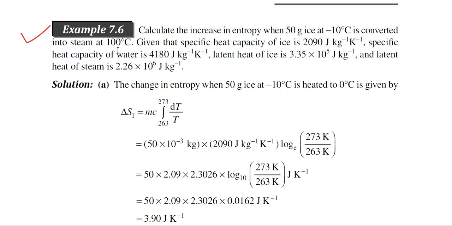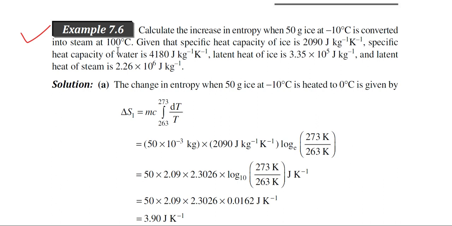So after the phase change, that is when ice is converted into water at 0 degree centigrade, the temperature of the water will rise to 100 degree centigrade. After reaching 100 degree centigrade, what will happen?